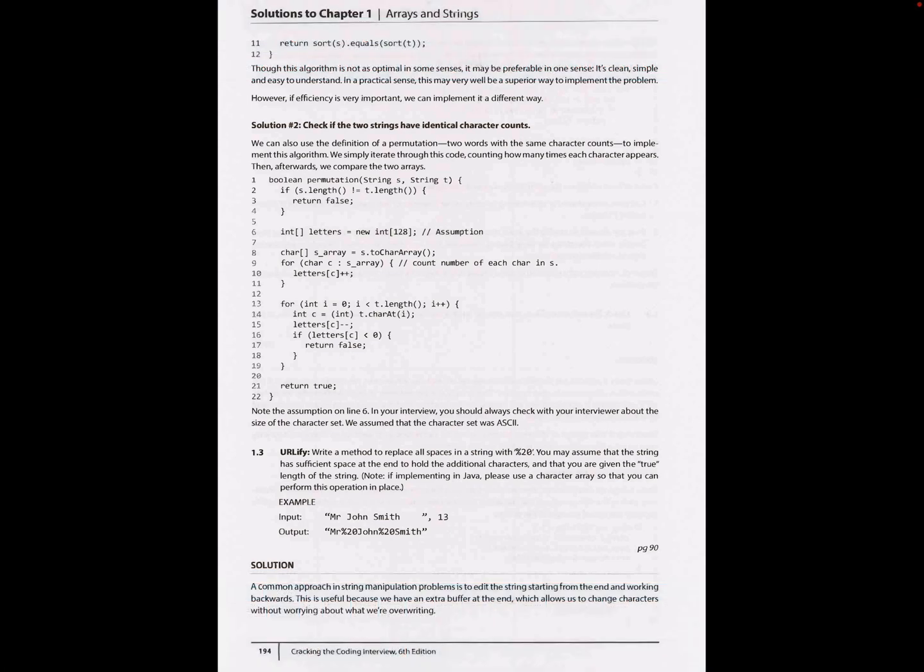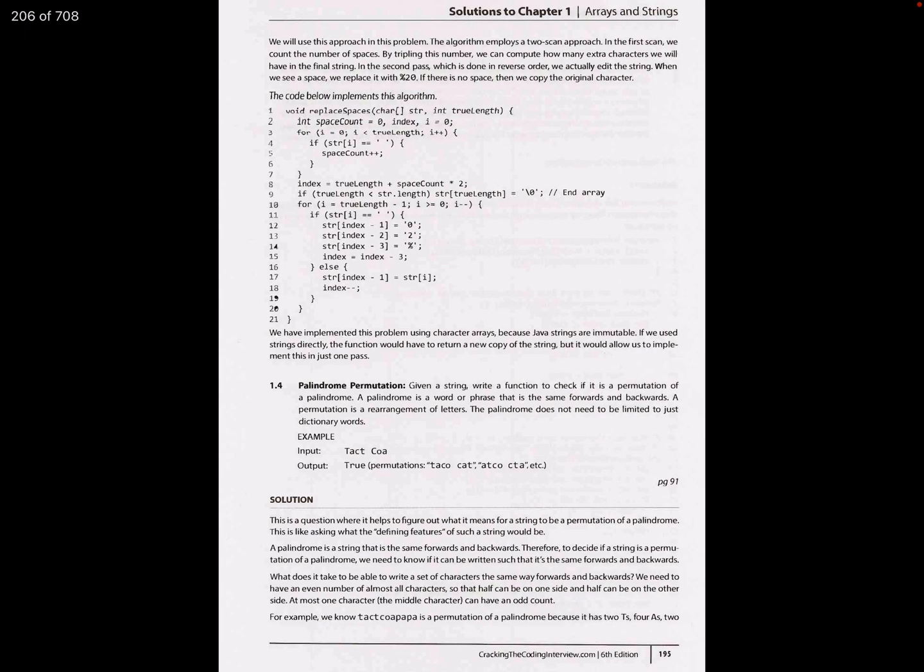So URLify: a common approach is to edit the string starting from the end and working backwards, and we can play with the buffer. This is what we did. Wait, why can't we just build a string from scratch? Yeah, and then you count the true spaces. Wait, what do they do?